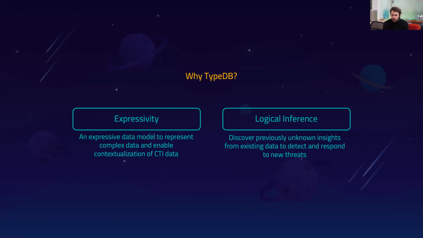And we'll get into specifically how and why the data constructs that TypeDB supports in a second. And the second part is that of the logical inference. So once we've represented our data in TypeDB, we can use the reasoner, the inference engine, to discover previously unknown insights from existing data, whether that's to detect and respond to new threats or much more. So this is really just scratching the surface.